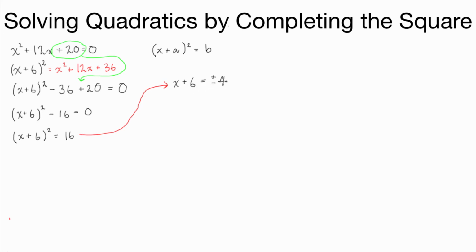Now the reason for this is because if we go back the other way and we want to square 4 to get 16, both 4 squared is equal to 16 and negative 4 squared is equal to 16.